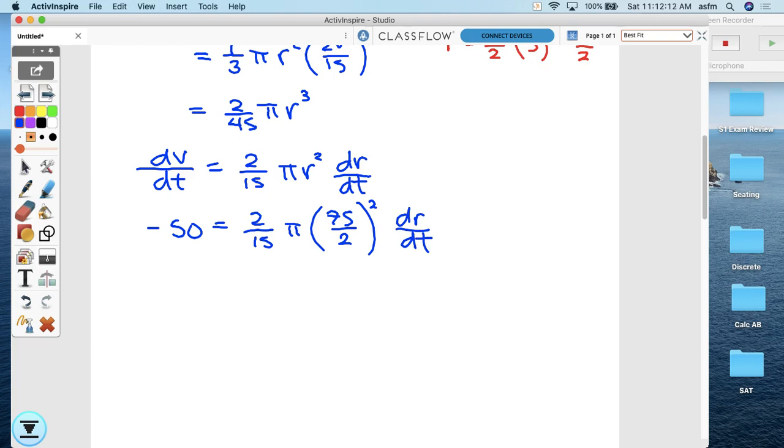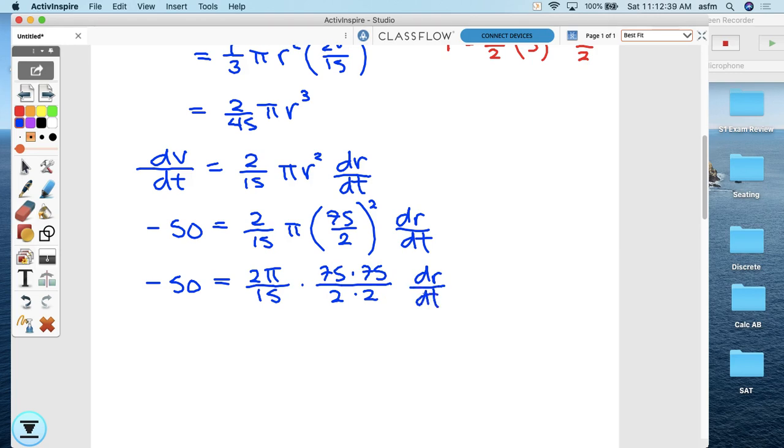I'm going to leave the numbers as they are because I think there's going to be a lot of good cancellation happening here. Maybe I'll do one step first. So let's call this negative 50 equals, and here what I'm going to get is 2 pi over 15, and then I'm going to have times 75 times 75 divided by 2 times 2, and that's times dr/dt.